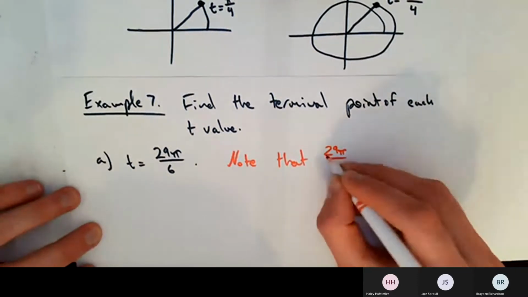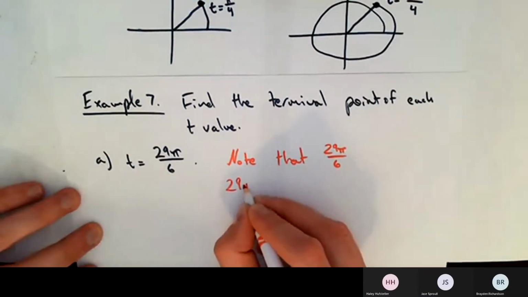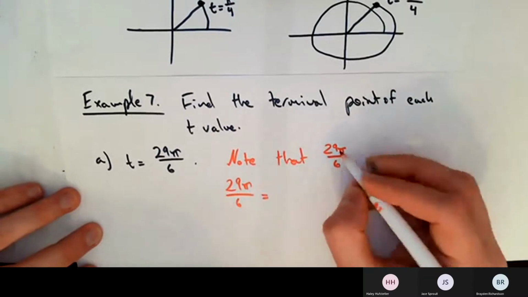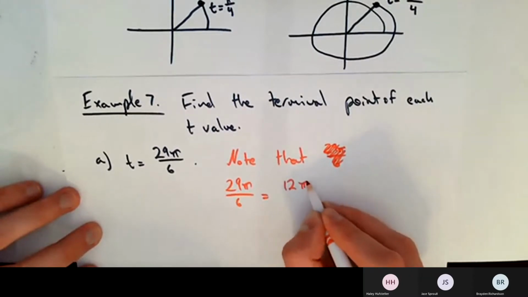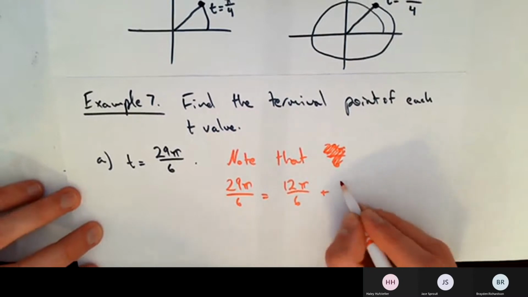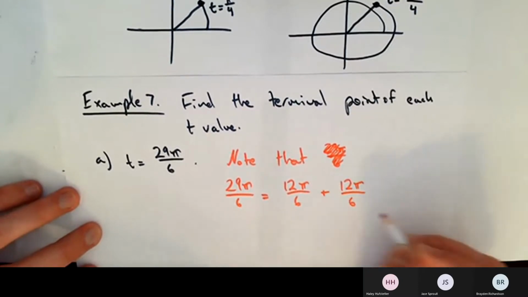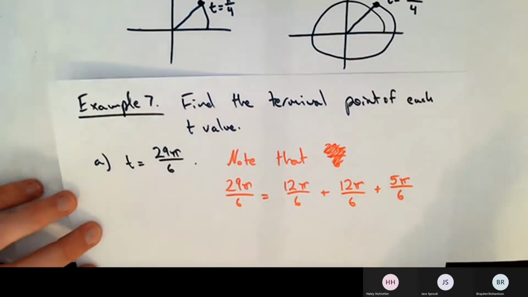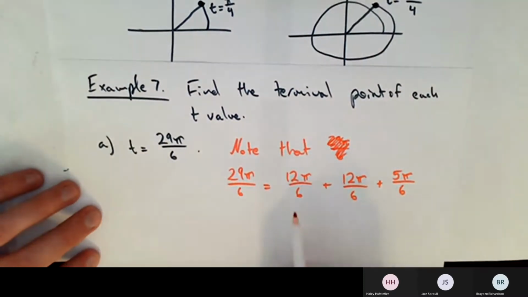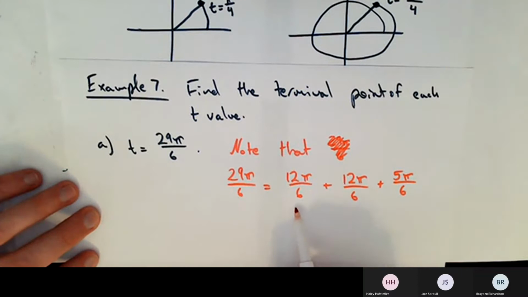So note that 29 pi over 6, and I'm going to come down here to write this because I'm going to need some room, is equal to 12 pi over 6 plus 12 pi over 6, that's 24, plus 5 pi over 6. These are extra revolutions, right?